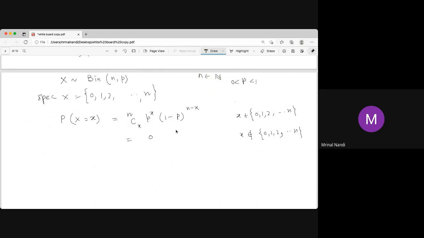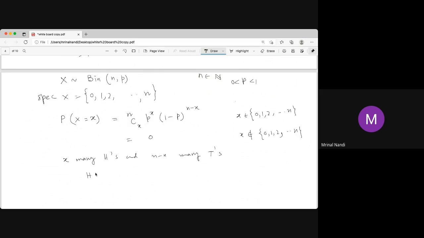So why is this so? This is clear because if I have n many tosses, and if there are x successes, that means say in 10 tosses there are 3 successes, that means 3 heads, and the rest n minus x are tails. So there are x many heads and n minus x many tails, otherwise failures. So what is this probability?